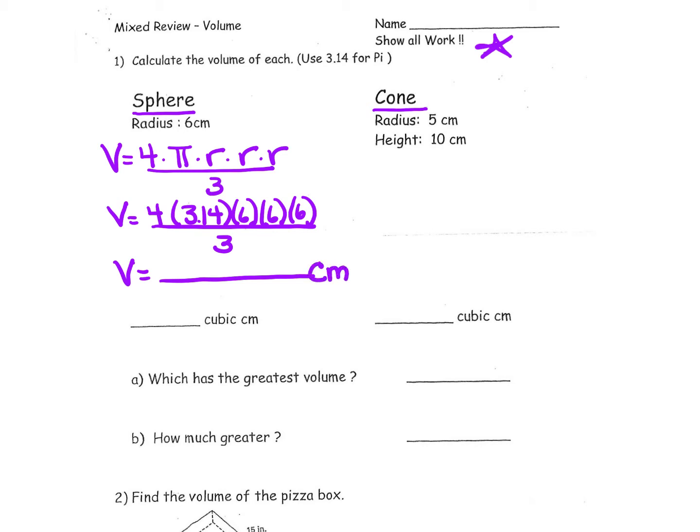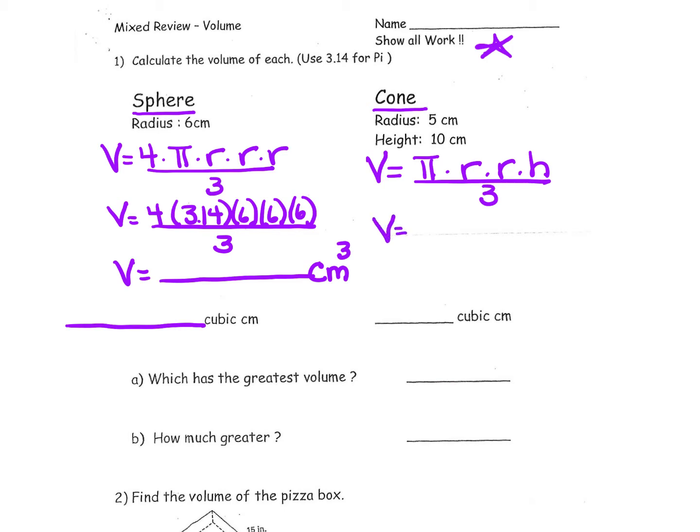When you come up with an answer, write it down, and you can even write it here on the line. Now for a cone, the formula is different. The formula for the cone is V equals pi times r times r times h, all divided by 3.